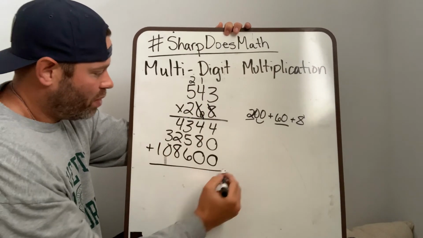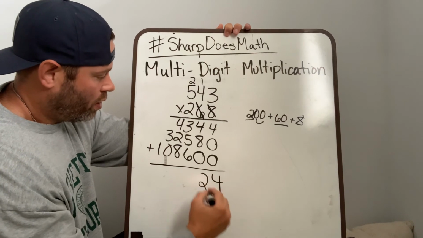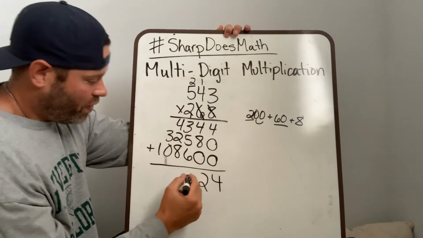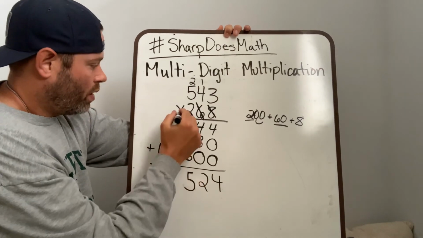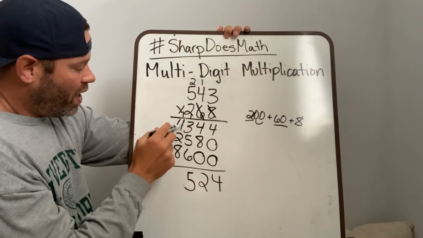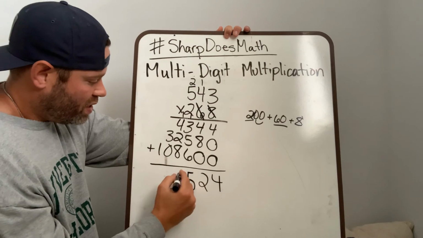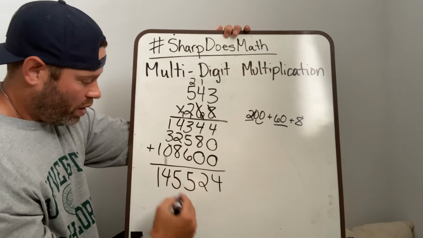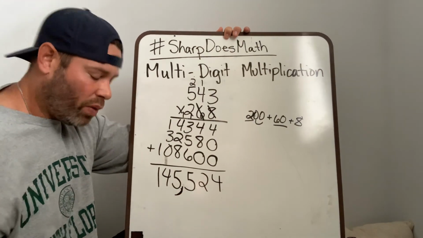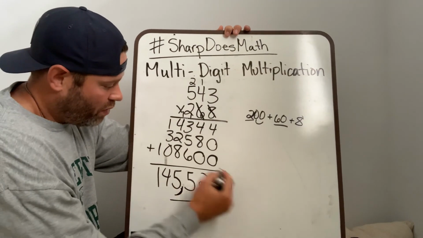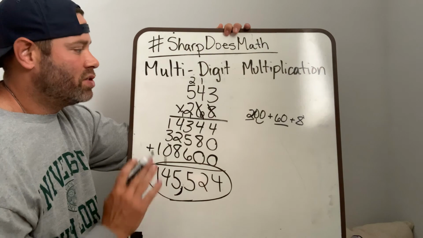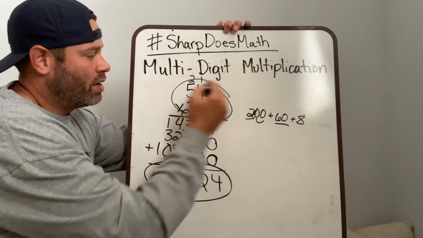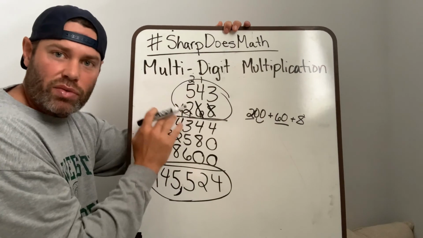I add them all up. 4, 12. This is 4, 9, 15. This is 5, 7, 15. 4, 1. 145,524.